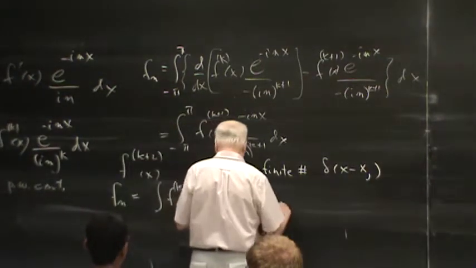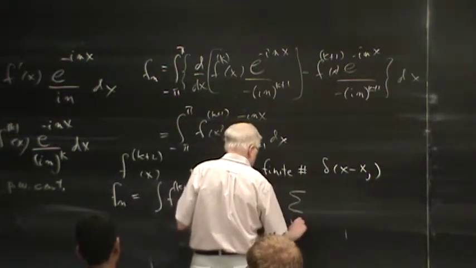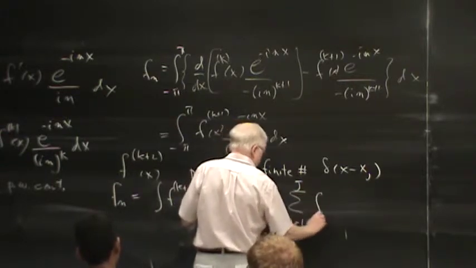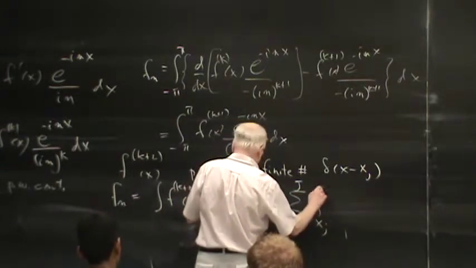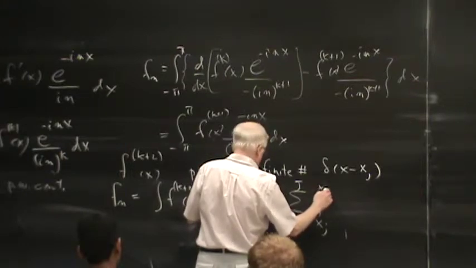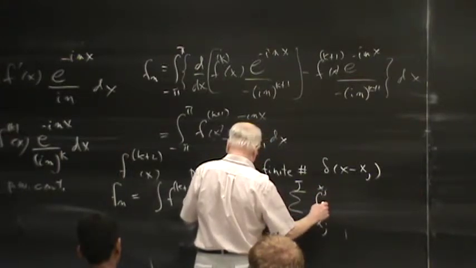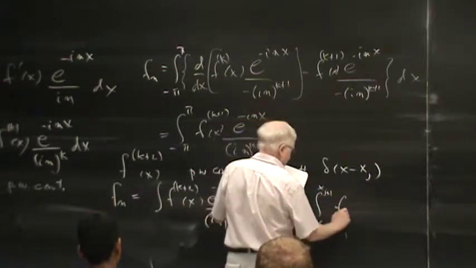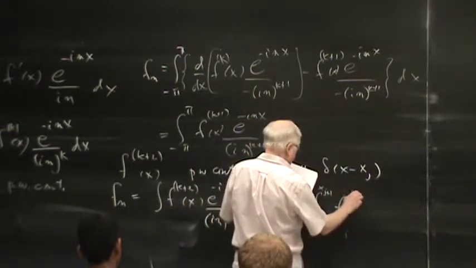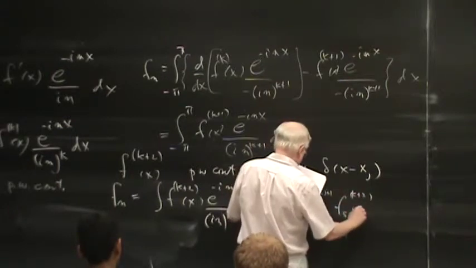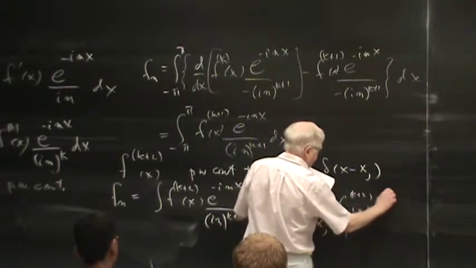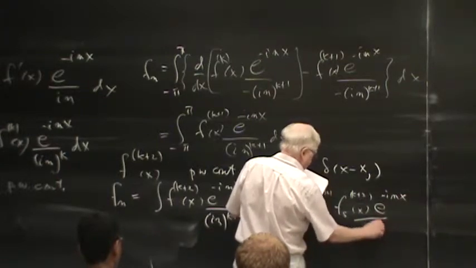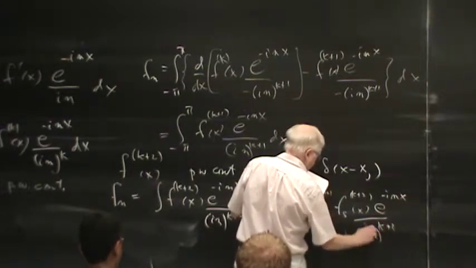So this is a sum over the intervals, j equals 1 to J, from x_j to x_(j+1), of the piecewise continuous part, f^(k+2)(x) e^(-inx) over (in)^(k+2).